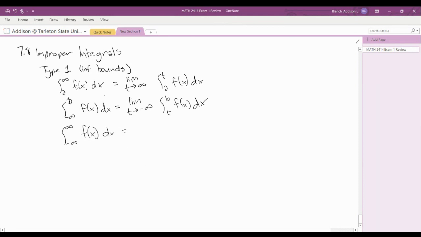We can break that up into 2 integrals: one going from negative infinity to a of f of x, and another integral going from a to infinity. And then you can just use the first 2 examples to break those down.